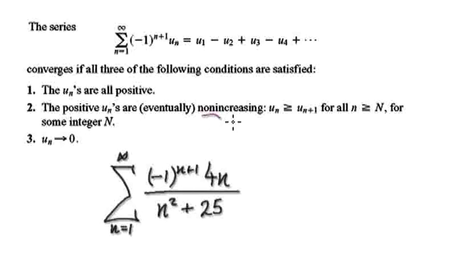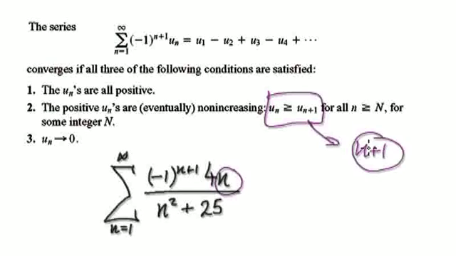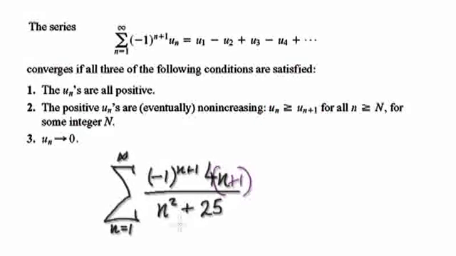Now we need to check that it's non-increasing, meaning make sure the next term will always be less than or equal to our current term. There are two ways of doing this. One way is to replace all the n's with n plus 1, so this would be n plus 1, and this would be n plus 1 squared.